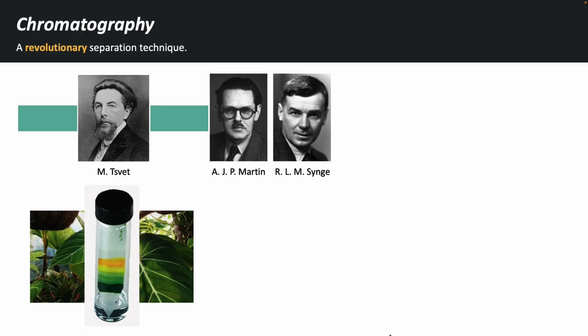The same pair also worked to develop gas chromatography, a process that we will touch upon briefly later this semester. And in this case, the mobile or moving phase is gas rather than a liquid solvent. Collectively, their work was awarded the Nobel Prize in Chemistry in 1952.